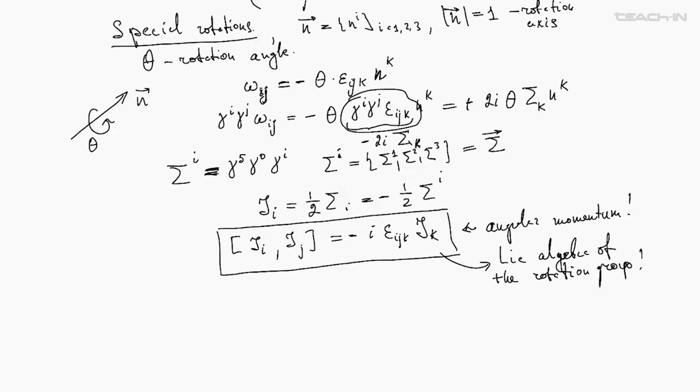In this way, you have realized the algebraic relations of the Lie algebra of the rotation group. And in this way, you can naturally interpret these operators J^i as spin operators. So sigmas or J's, whatever you prefer, you can call them spin operators. And so these objects are related to the notion of spin.